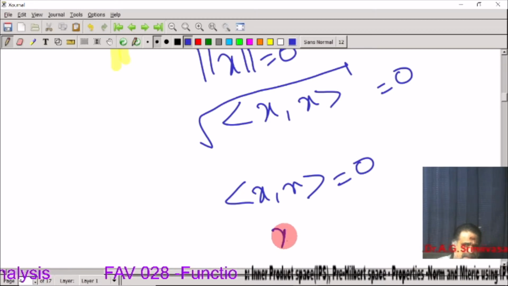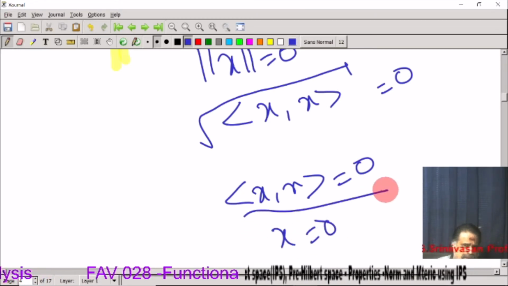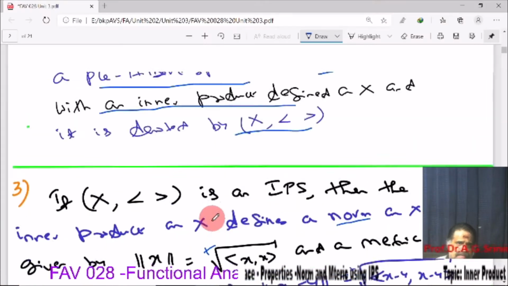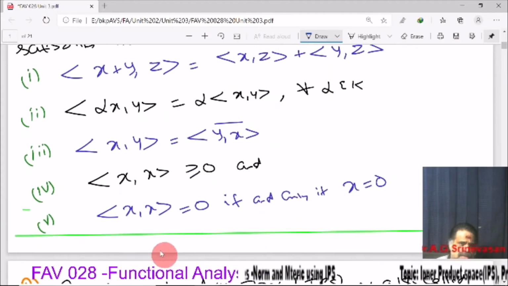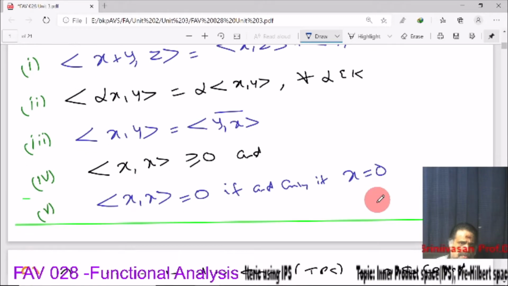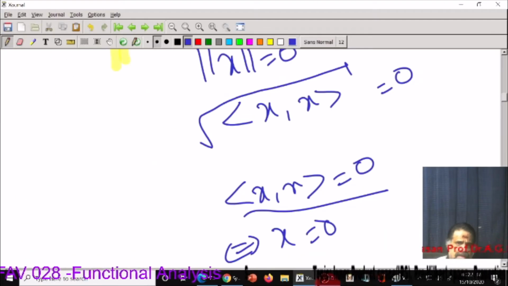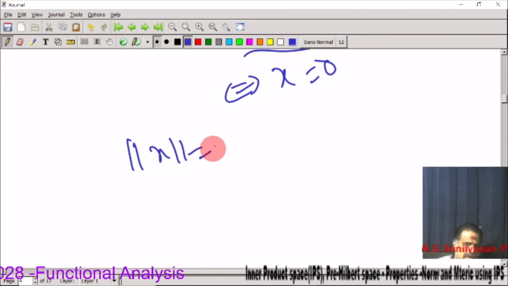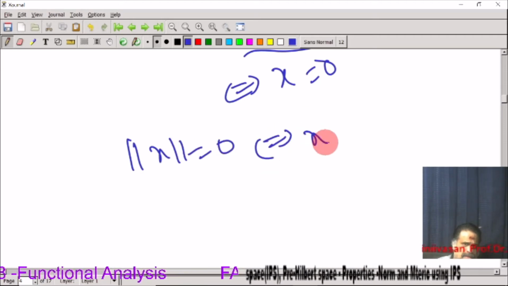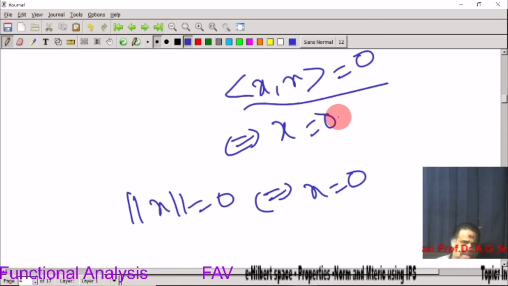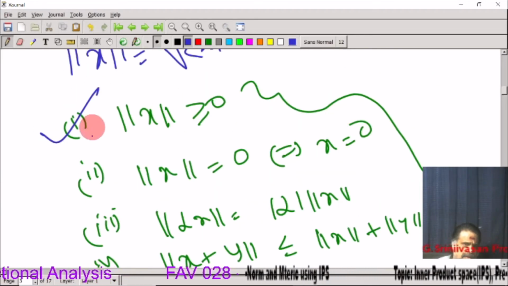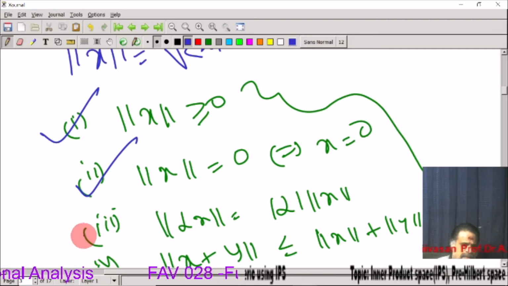But by the very definition, inner product xx is 0 if and only if x is equal to 0. So what is the conclusion we make? Norm x is equal to 0 if and only if x is equal to 0. So you can see that this axiom is verified.